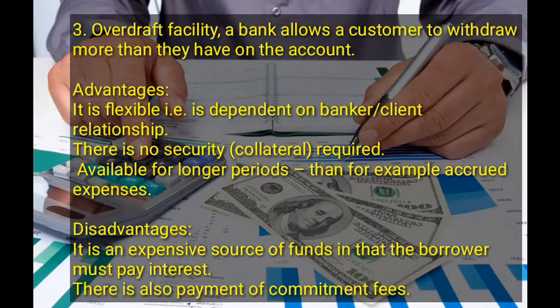Then there is no collateral security that is required, and it's available for longer periods than accrued expenses. Then it has disadvantages like it's an expensive source of financing in that the borrower must pay interest when they're returning the money. Then there is also payment of commitment fees. Before you get an overdraft, you have to pay a commitment fee.